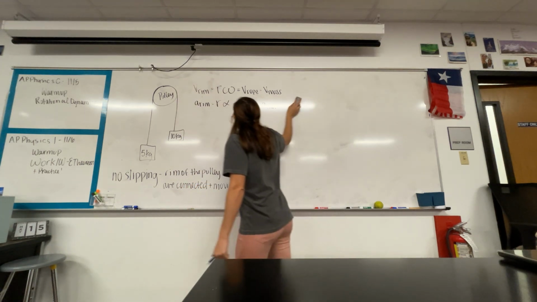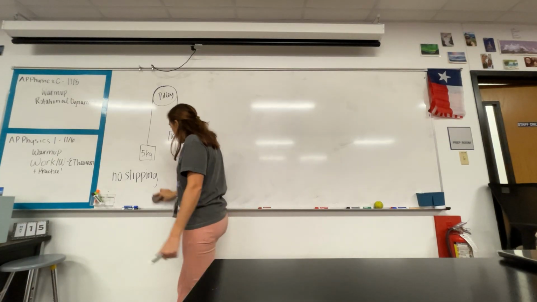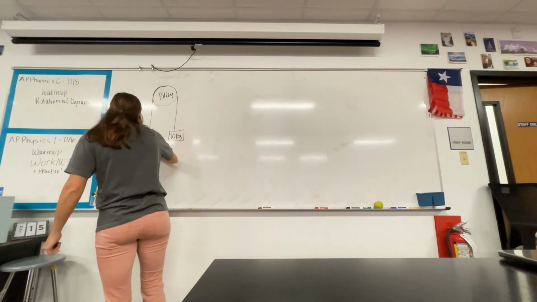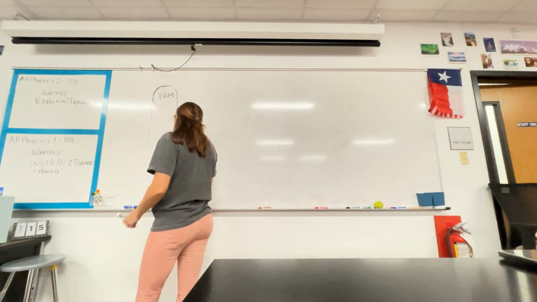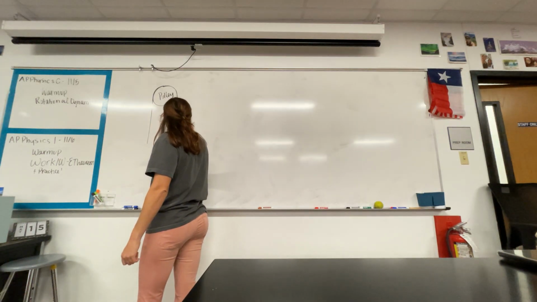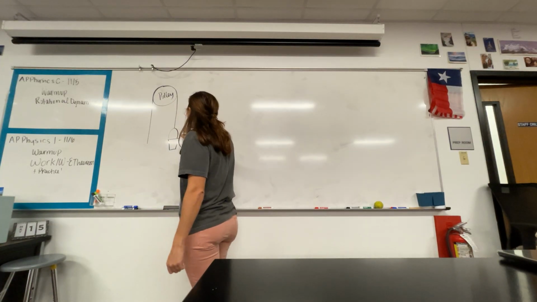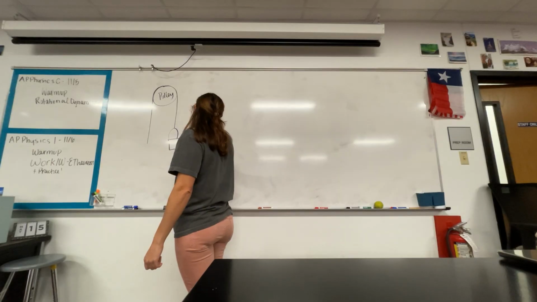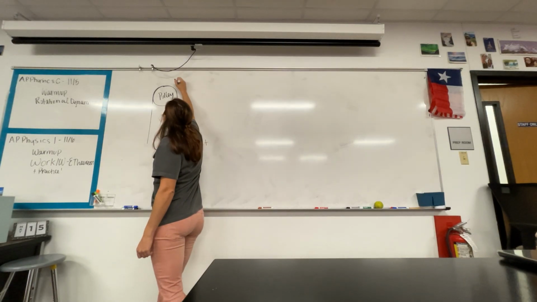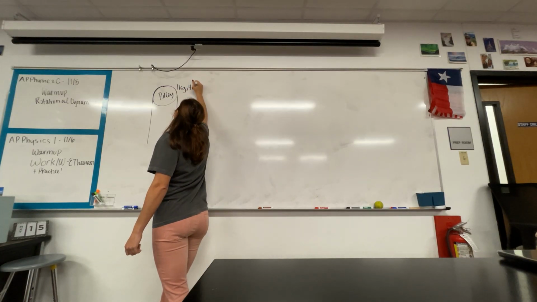So here's my example. I'm going to change it up. I have a bucket. That's the handle of a bucket. That's the bottom of the bucket. This is a 2 kilogram bucket. This pulley has a mass of 1 kilogram and a diameter of 4 centimeters.